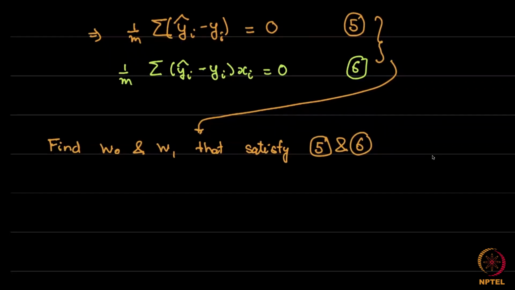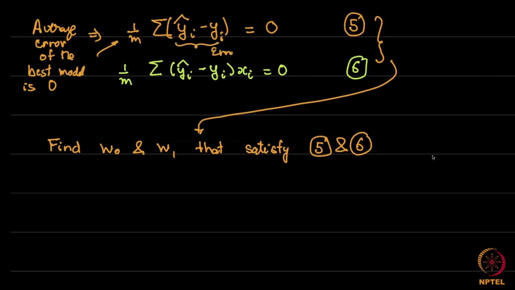This simply means that the average error of the best model is 0. You notice this is the error, and that's why I retained the m. What this says is the average error of this model is 0. This one says that the weighted average by x is also 0.